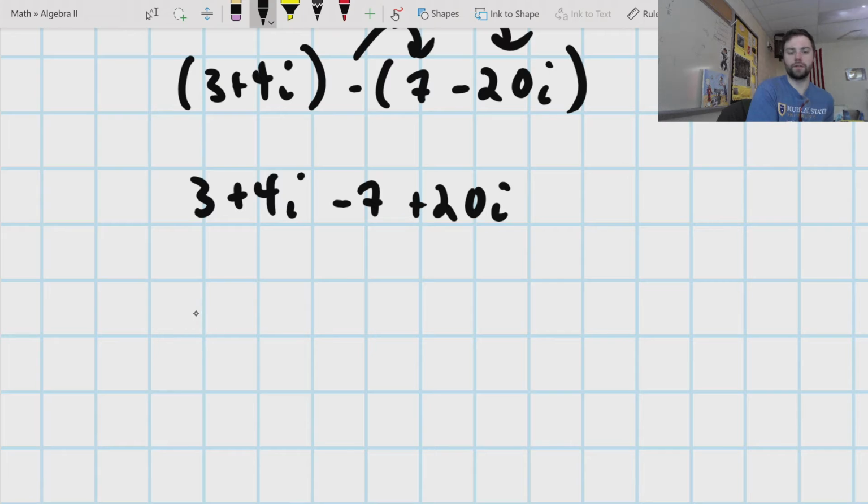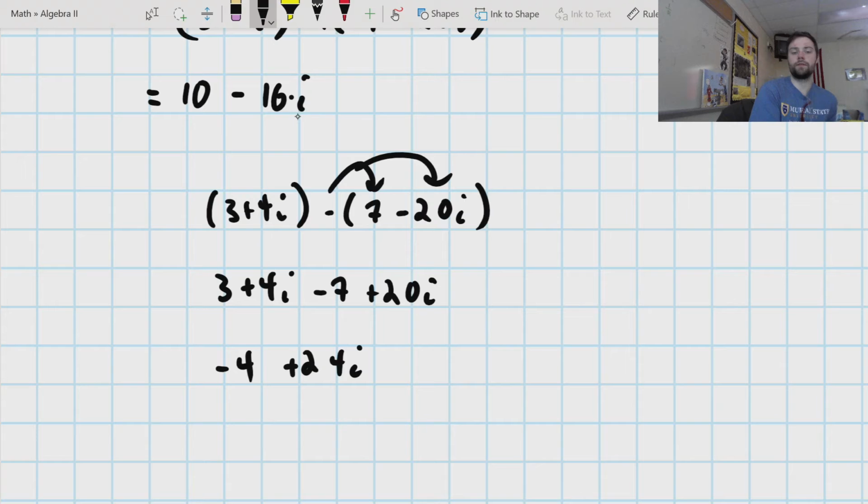So 3 minus 7 is negative 4. 4i plus 20i is 24i. Negative 4 plus 24i, and that's all you have to do. But if you'll notice, 10 minus 16i doesn't look anything like this one down here. So it's going to work out quite different than what you might expect.